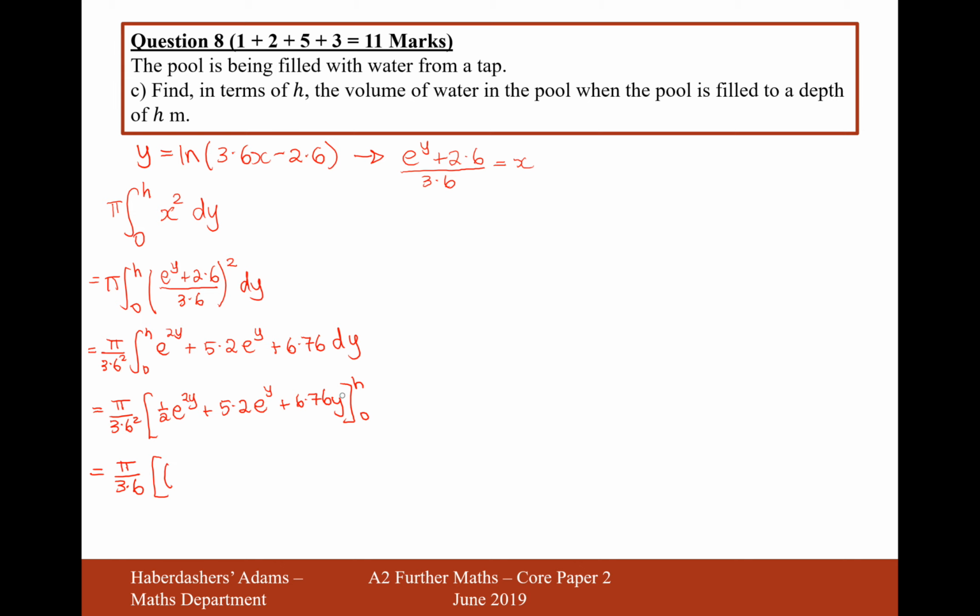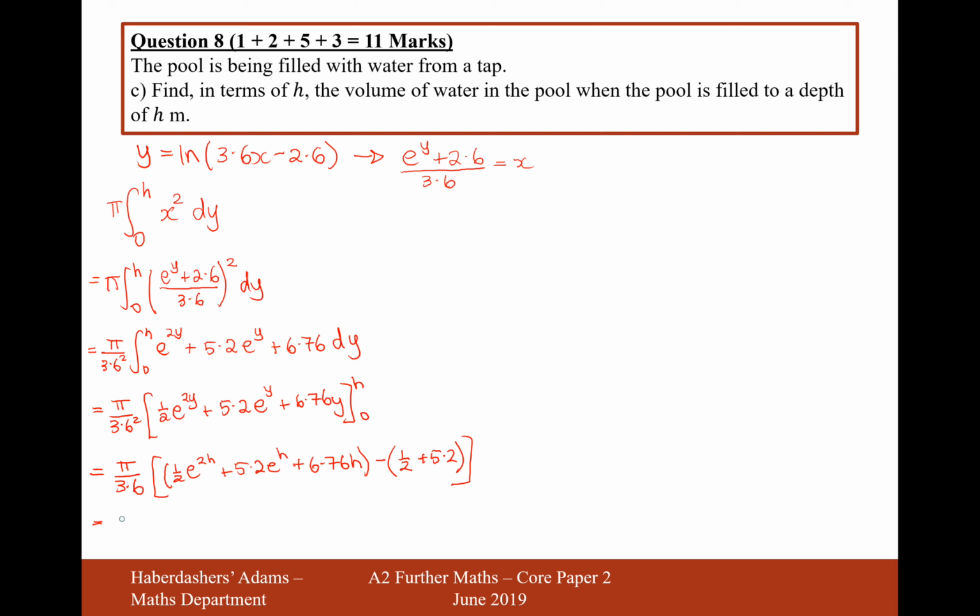So in the first bracket it's a half e to the 2h plus 5.2 e to the h plus 6.76 h, and then minus, because e to the 0 is 1, so that would be minus half, and minus 5.2, and then when you put 0 in for the last bit, that will just be nothing.